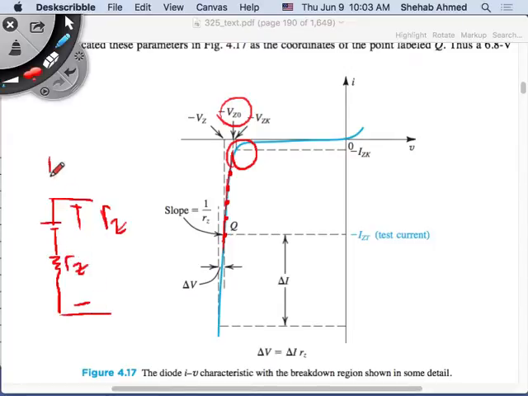The output voltage will now depend on this current. If the current decreases, VZ0 is fixed, so the only thing that will change is the voltage drop across RZ. The voltage drop here is equal to the current flowing through multiplied by the resistance, so I times RZ. This current will change with the change of this.